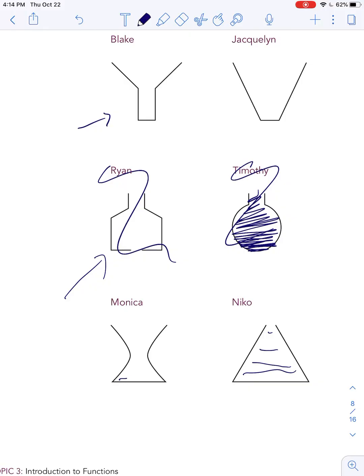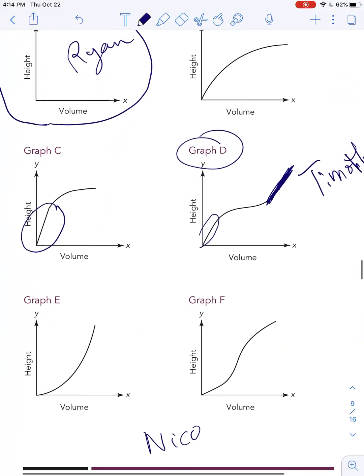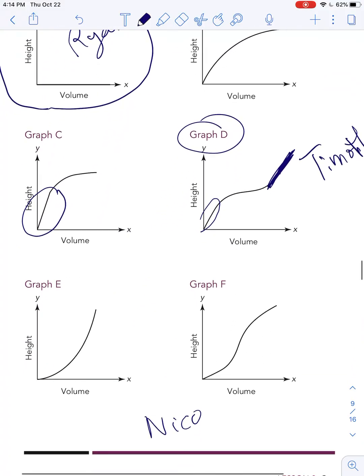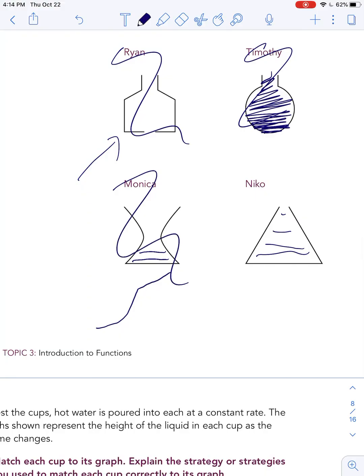Now Monica would be slow. Okay, hers would go up slow, then fast, then slow. Slow, fast, then slow. Oh, I think this one's Monica.